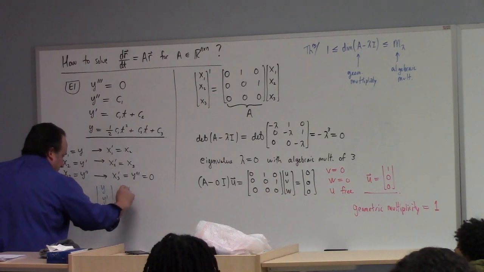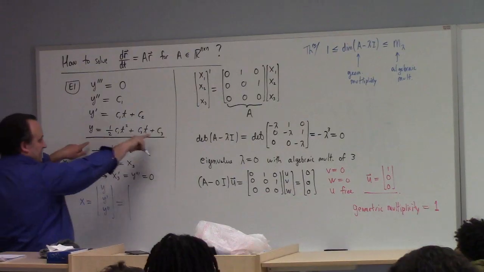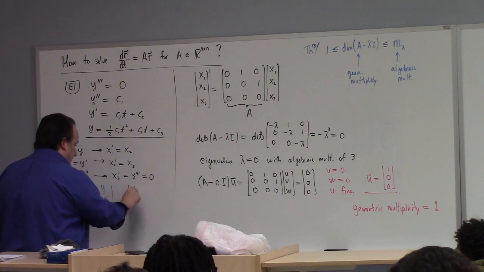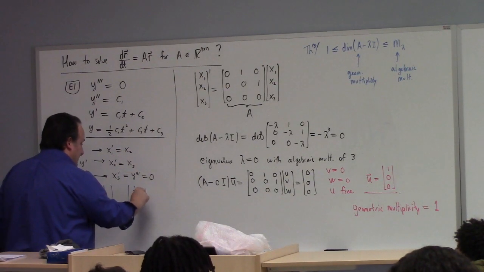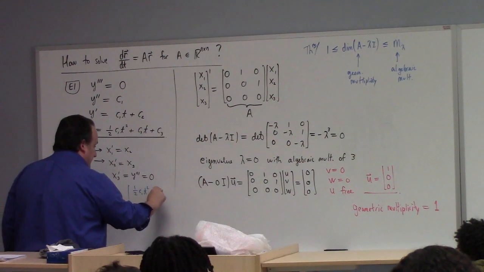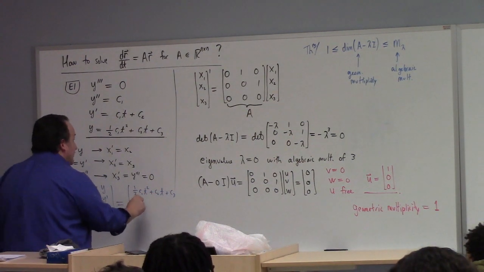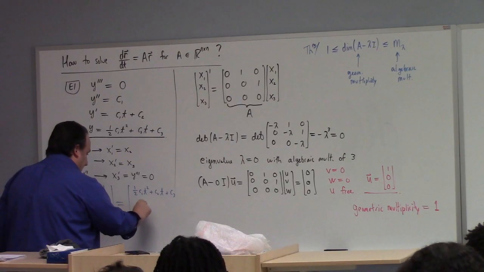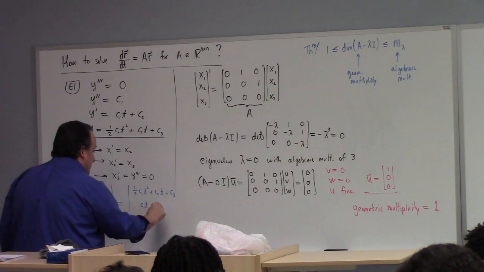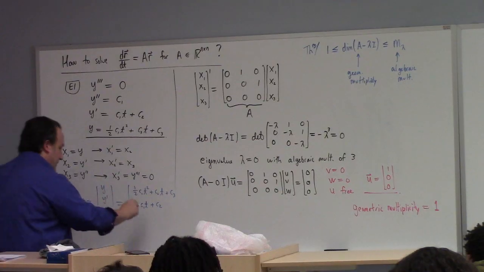And if I write out what that is specifically for the one I just found, you've got 1/2 c1 t squared plus c2 t plus c3, that's my y, right? What's y prime? Y prime was c1 t plus c2, and my y prime prime is c1, right?